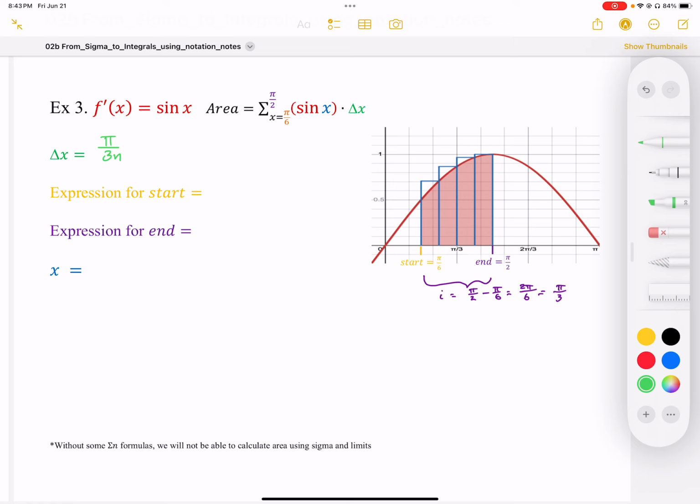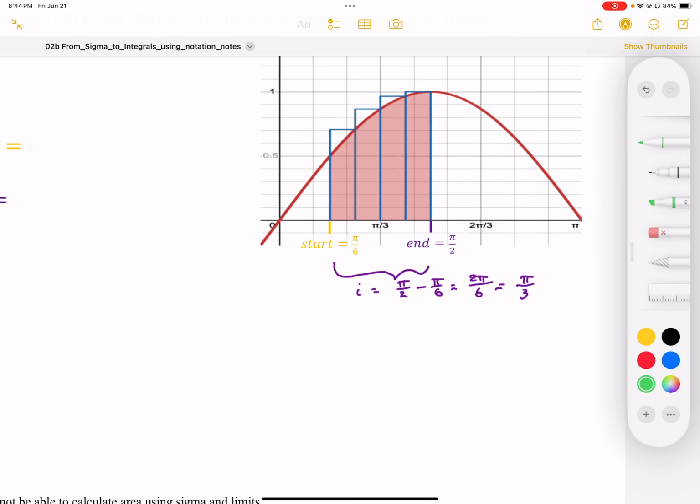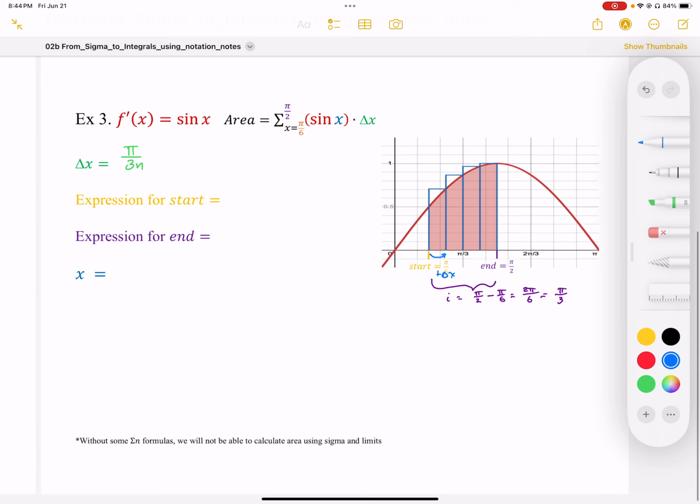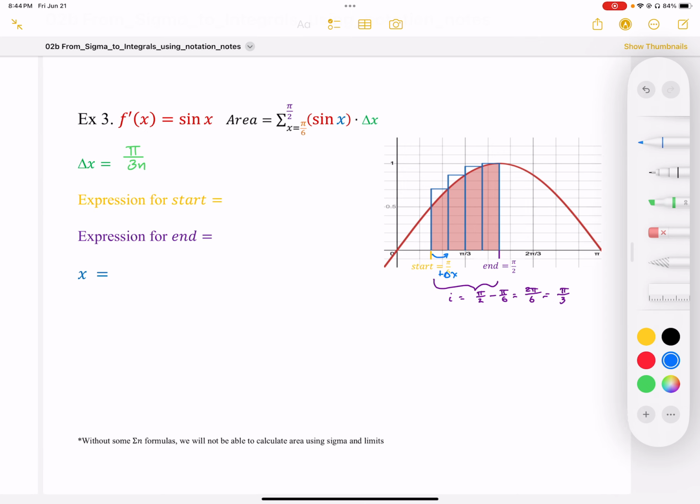So my x values I have to establish. The x coordinates are going to be based on moving delta x, so plus delta x, but we have to start somewhere. So my x values are going to be starting at pi over 6, and then I'm going to add delta x, or pi over 3n, and I'm going to do that k times.